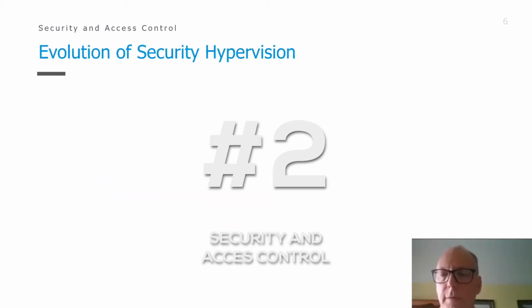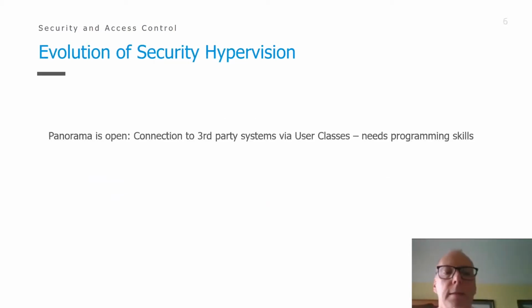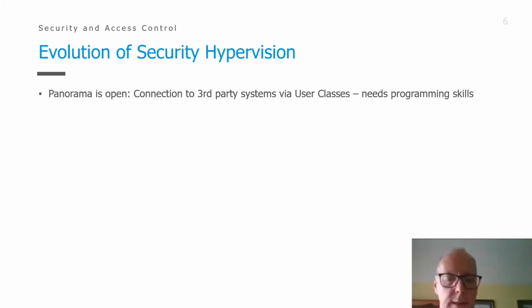Let's have a look now at the evolution of security systems, which generally tend to be of a hypervision type. So the first thing to say is that Panorama itself, and particularly for new people here, you can take third-party APIs and you can use our user class technology to make these into functions within the Panorama platform.